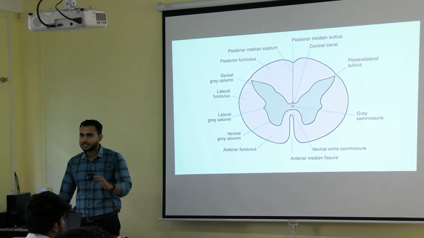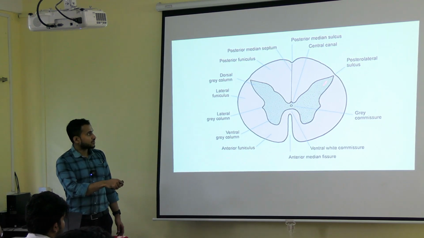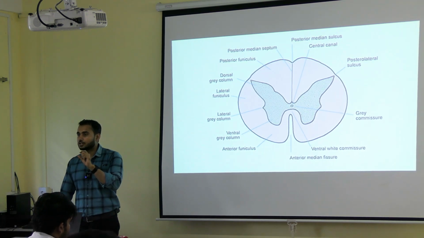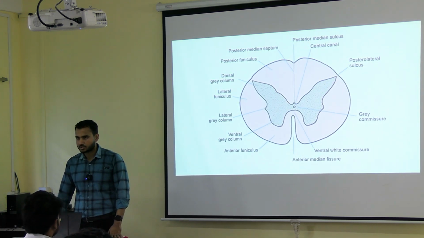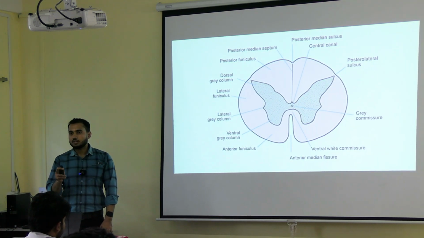Okay, other segments में lateral horn नहीं रहता. ठीक है. So these are the different horns of the central gray matter where different cell bodies of the neurons are present.